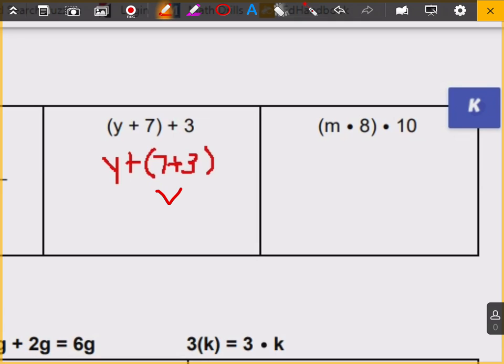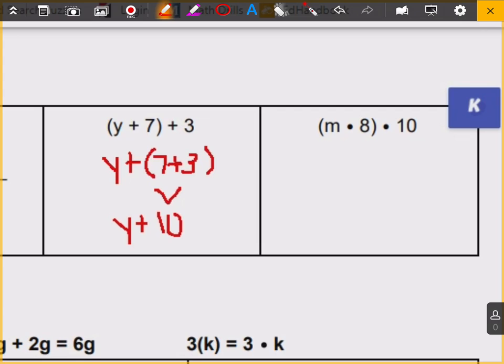We're going to do the work inside the parentheses. 7 plus 3 is 10. So we are going to have the value of y plus 10. Remember, since this is addition, you do need to include your addition sign. It's only with multiplication that we can omit or not use the sign.